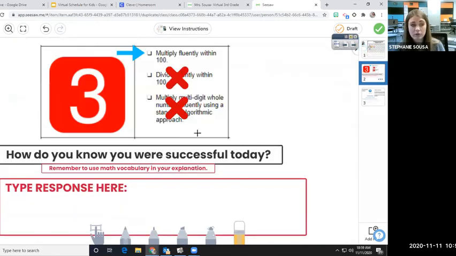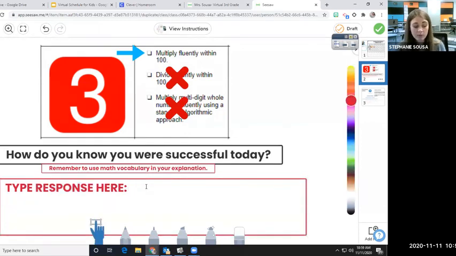On slide 2, you are asked, do you feel successful with multiplying? You are going to tell me yes or no, and you're going to use math vocabulary. So remember, saying yes, it's easy, is not explaining with math vocabulary.